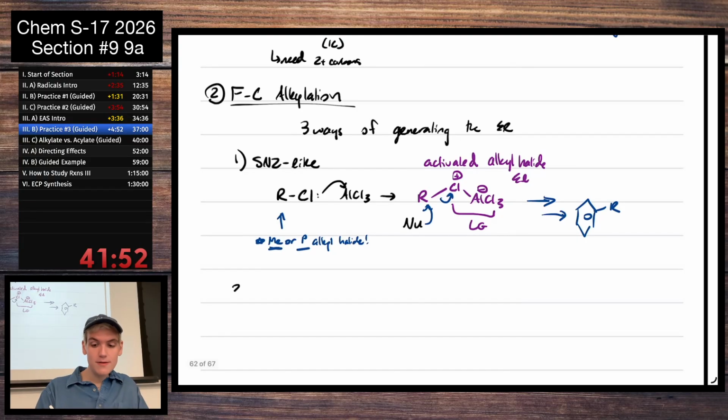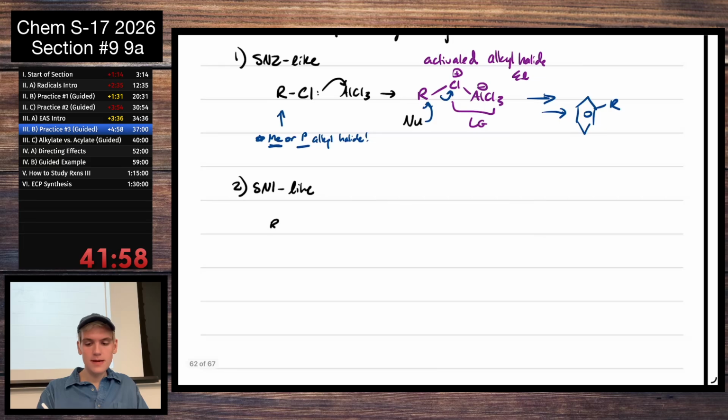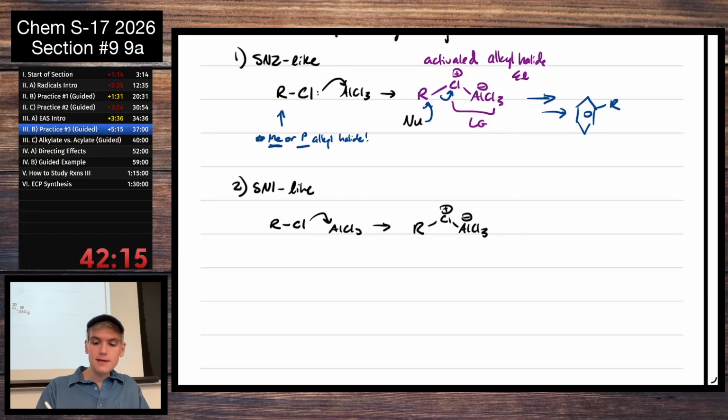The second way that we can do it is SN1-like. So we have our RCl, we do the same exact thing with AlCl3, and now plus minus here, this we typically do when our R group is secondary or tertiary.